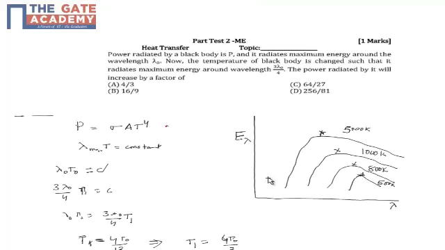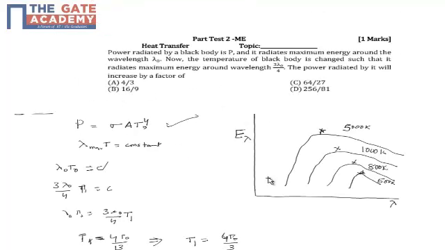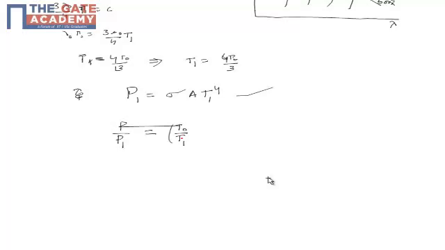So when I take this equation as well as this equation, and take the ratio P by P1, it is equal to T by T1, or in fact T naught, because initially you have temperature T naught, so T naught by T1, whole power 4.